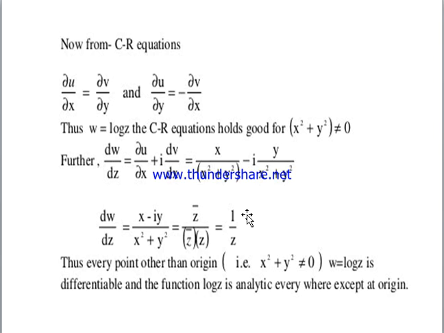But at z equal to 0 it is a non-finite, infinite value, 1 by 0. So that's why except at z equal to 0. Z equal to 0 means x plus iy equal to 0, x value 0, y value 0, which is called the origin. Except at the origin the given function w equal to log z is analytic. That's all for today.